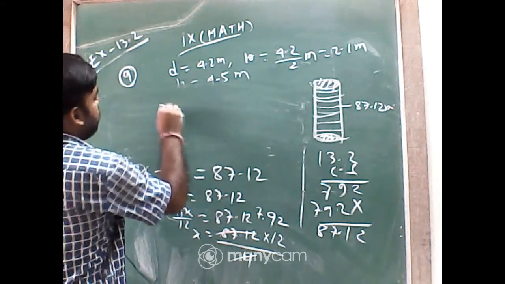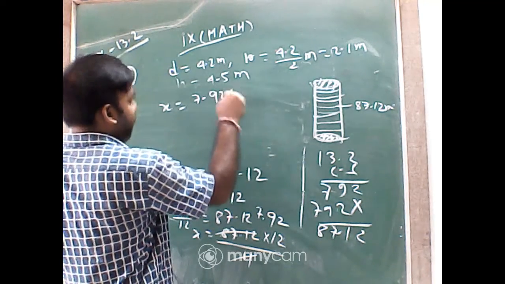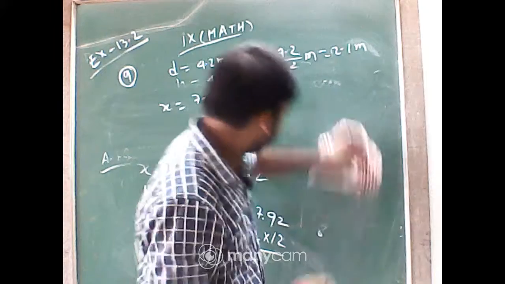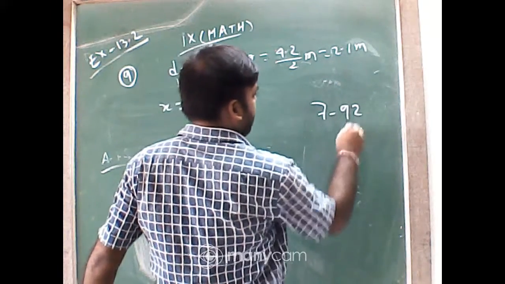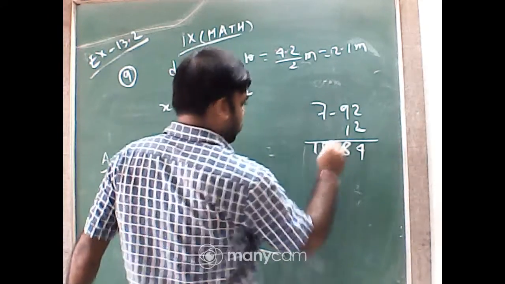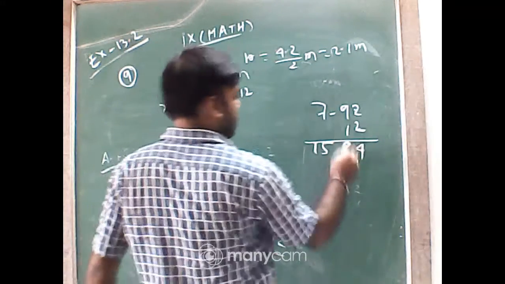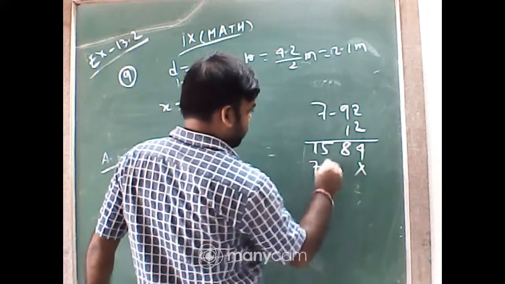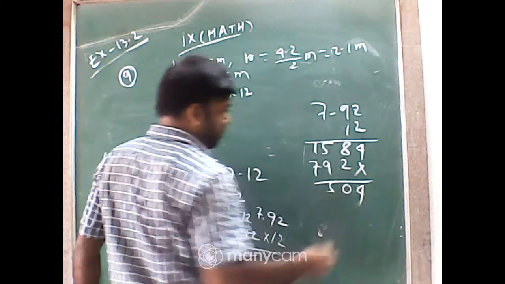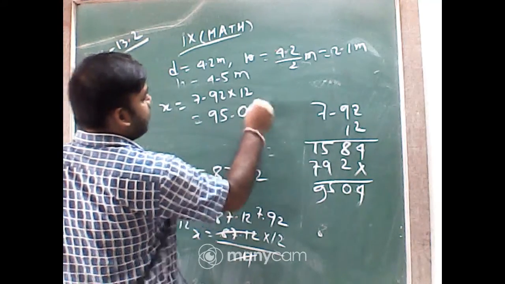So x equal to 7.92 into 12, that is 95.04 meter square.